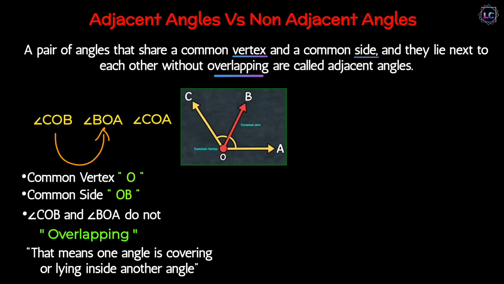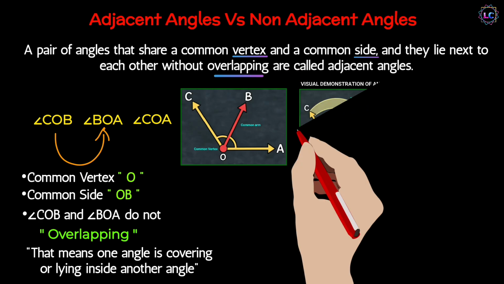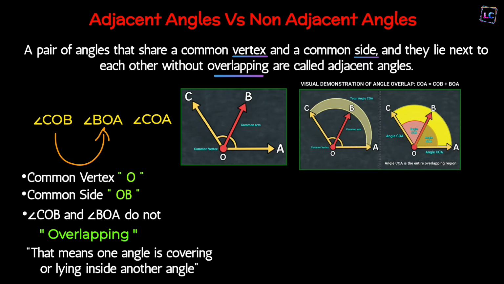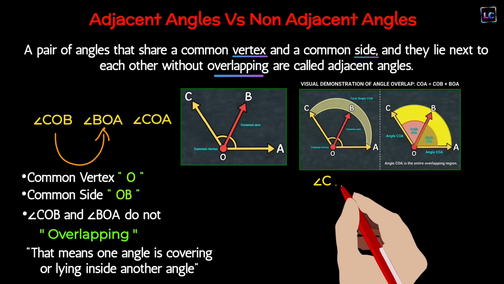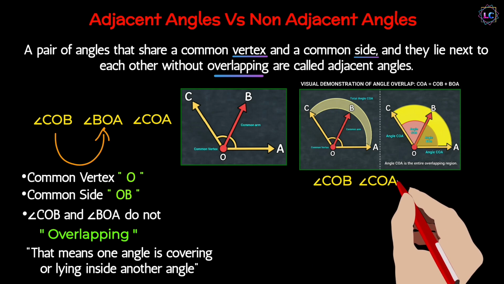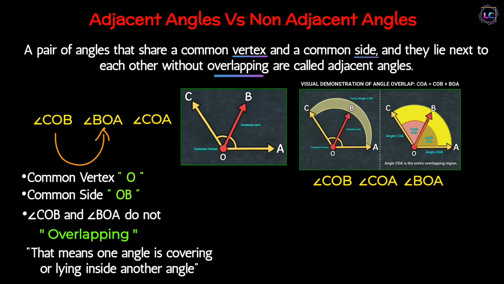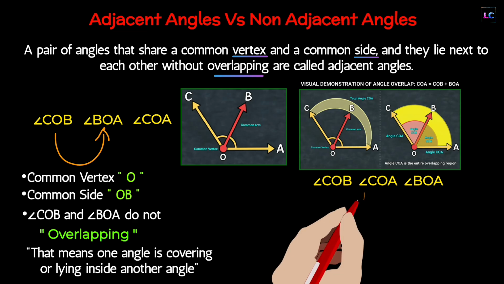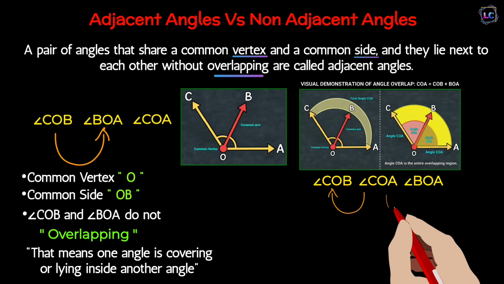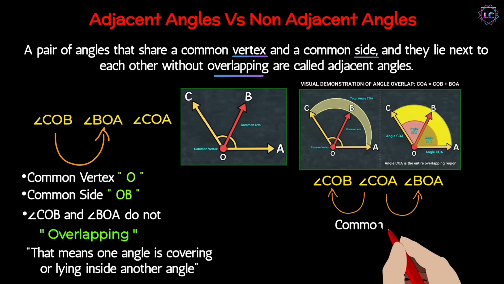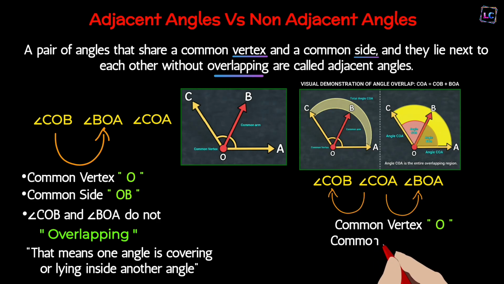But what happens if angles share a common vertex and a common side, yet they overlap? Let's see that with the help of a diagram. In this diagram, again we see the same three angles: angle COB, angle COA, and angle BOA. Now, if we compare angle COA with angle COB or angle BOA, it shares a common vertex O and common sides also.